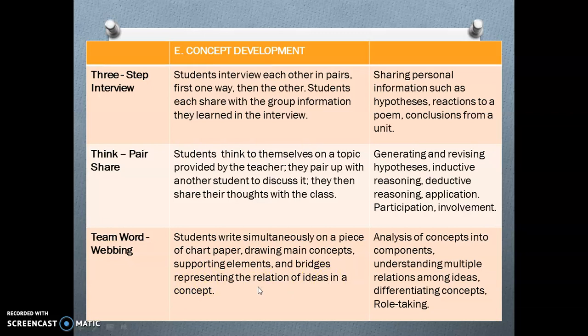So, para magsanga-sanga ka team word webbing. Bali, sa isa ka grupo, you will provide them a Manila paper, one whole Manila paper, and then of course, individually, meron silang marker, and so each of them will be given a chance to connect ideas, to write the words, the terminologies, and its definitions into the Manila paper hanggang sa makabuo sila ng word web.